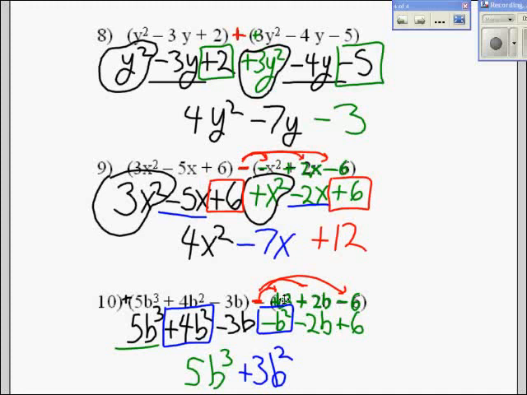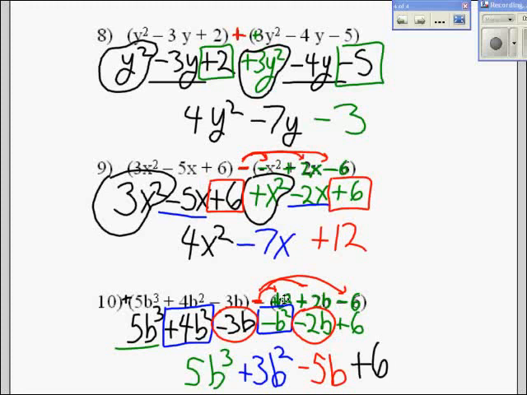Next I look to my b's. I have minus 3b, and I'm going to put that together with minus 2b. Minus 3 and minus 2 is minus 5b, no zero pairs there. And last, I have plus 6.